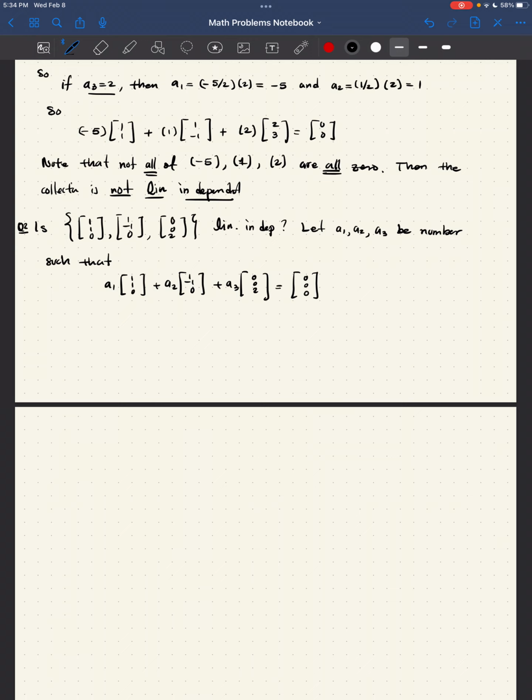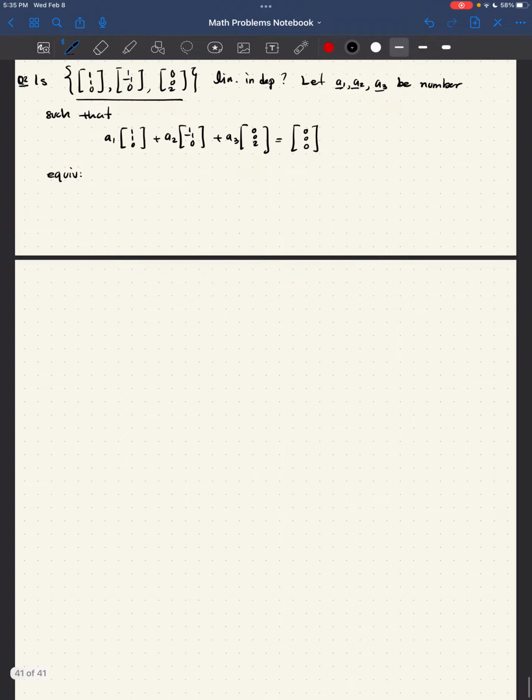Now, look, we need as many coefficients as we have vectors in this collection. So we transform this equation into an equivalent system of linear equations. And what would that be? Well, I'll write it just here. A1 plus A2 is 0. A1 minus A2 is 0. And 2A3 is 0.